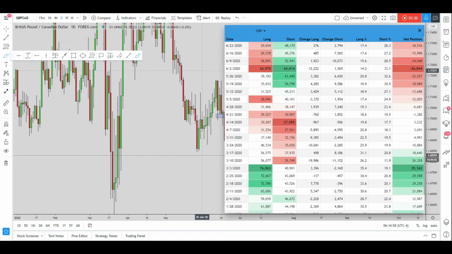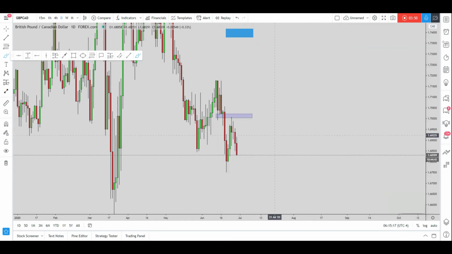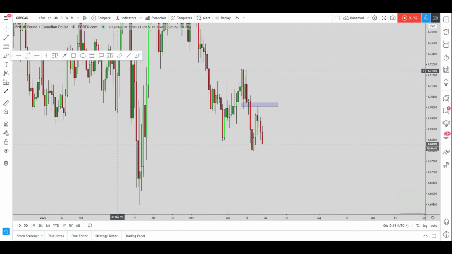And we are currently capitalizing on them, as you know, from our previous analysis also on GBP USD. And what we can see with the last reports is that we have seen a slight increase in the net positions with many shorts getting closed and longs starting to get opened. So we can expect an accumulation.